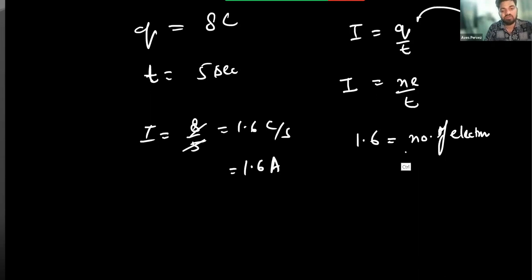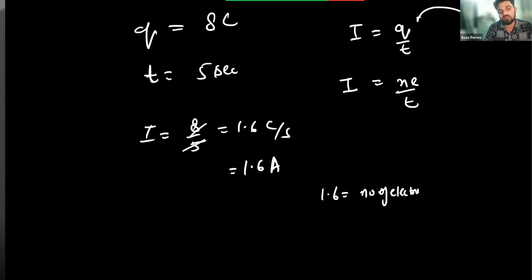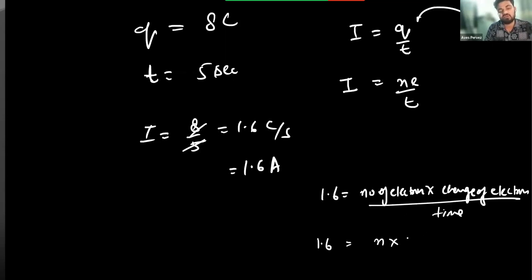So we'll write here 1.6 is equal to N, the number of electrons, into E, the charge of an electron, upon T, the time. 1.6 is equal to the number of electrons, which we need to find out, and the charge of an electron is 1.6 into 10 to the power minus 19, upon time T. Time is 1 second because it is asking per second.